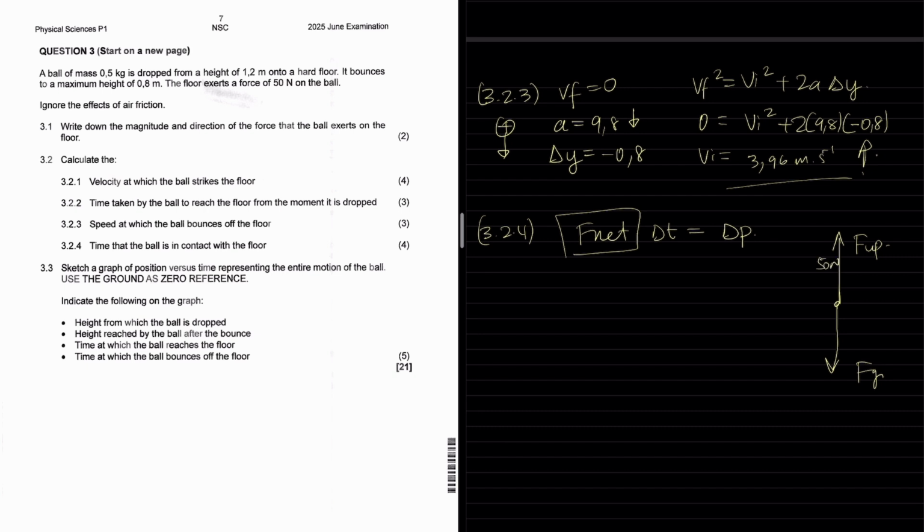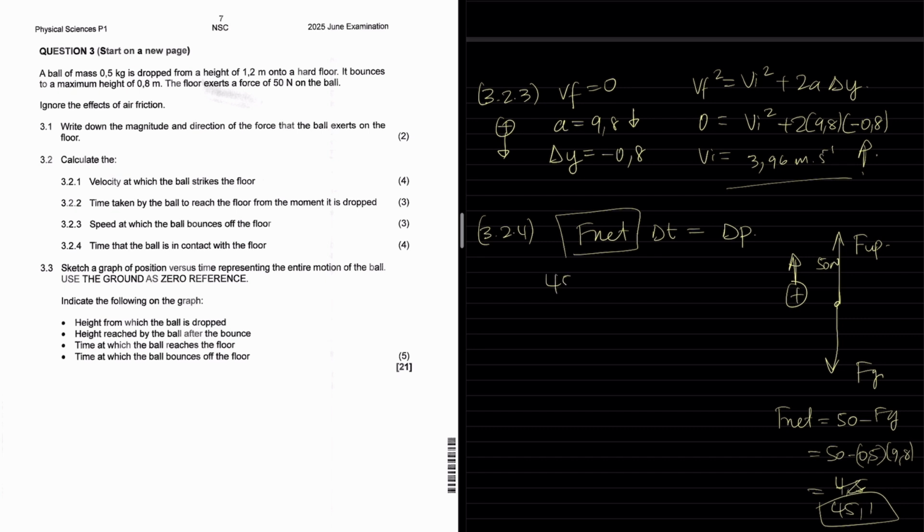Now, if we choose up as positive this time, F net is going to be the 50 minus Fg. And we can calculate Fg by saying mass times gravity. So if we subtract them, we're going to get a value of 45.1 as my F net.